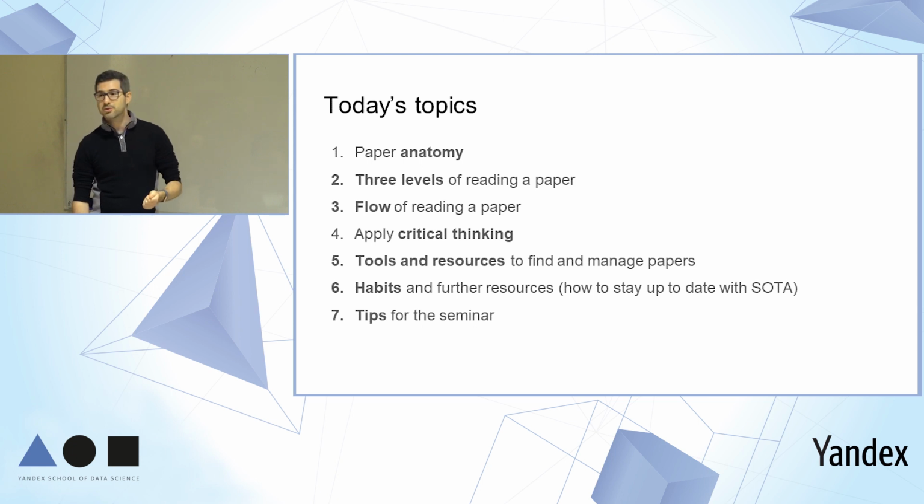I'll try to convince you to apply critical thinking to reading papers. A sentence I want you to have in your memory when you go out today is: lies, damn lies, and deep learning, right? It's true. Then I will present some tools and resources that will help you to find and manage papers. And here I believe even the people who have already published stuff will see some new things.